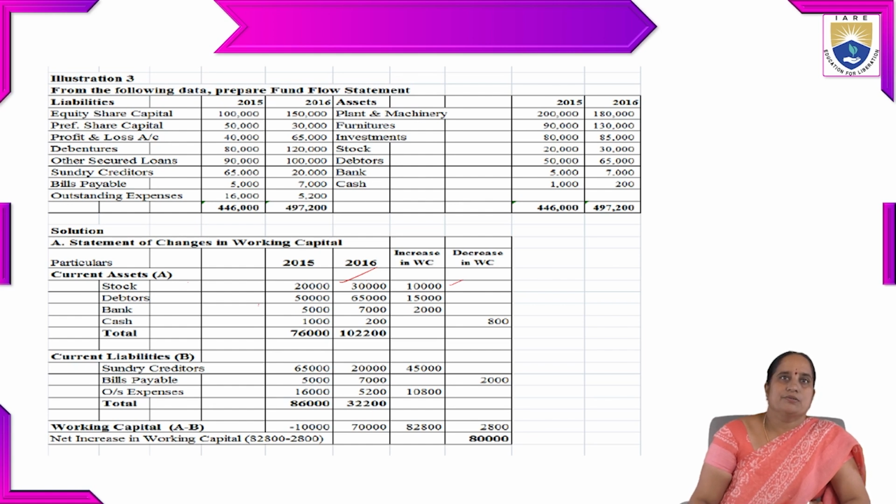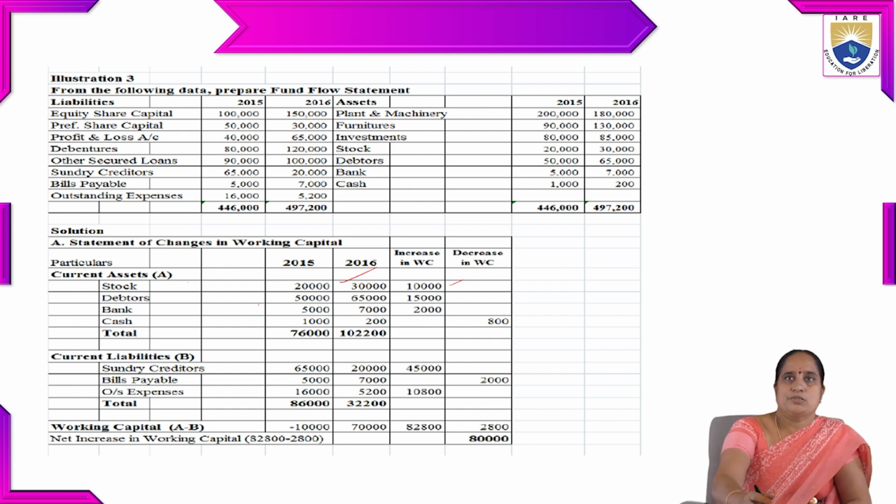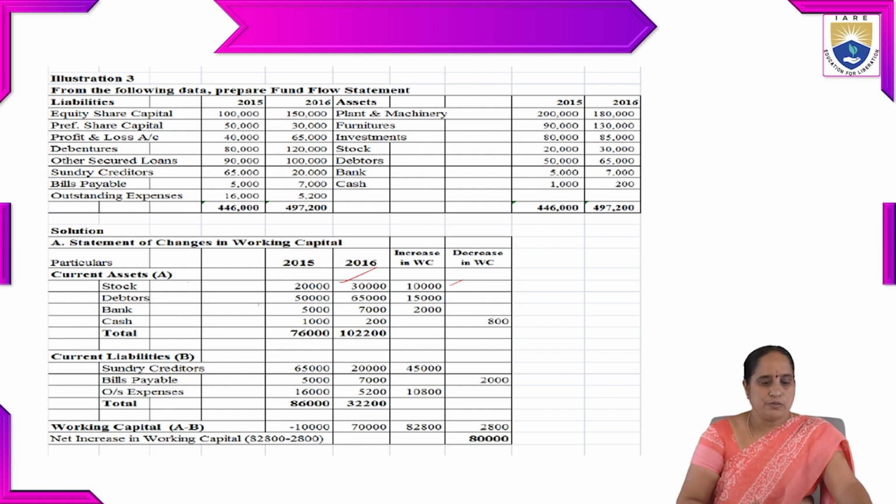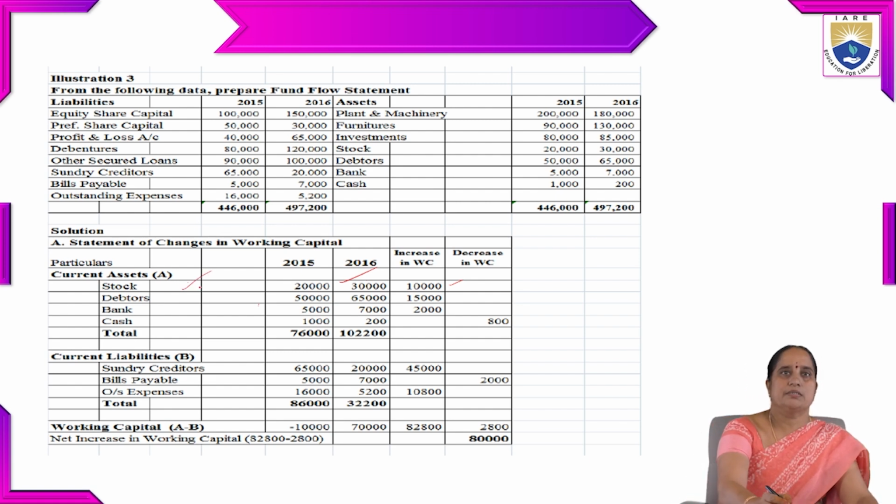Then, in the case of the third illustration, from the following data prepare the funds flow statement. So here we have prepared the statement of changes in working capital. The format we know: we are going to compare two balance sheets of two different periods, 2015 and 2016. First of all, we should mention the current assets: stock, debentures, debtors, bank, cash, for the two years.